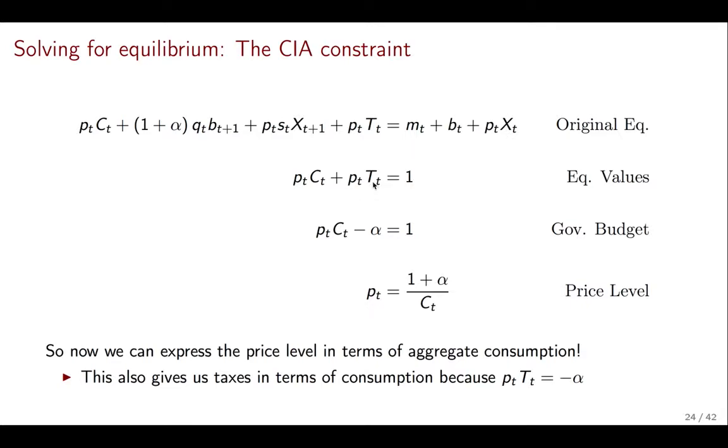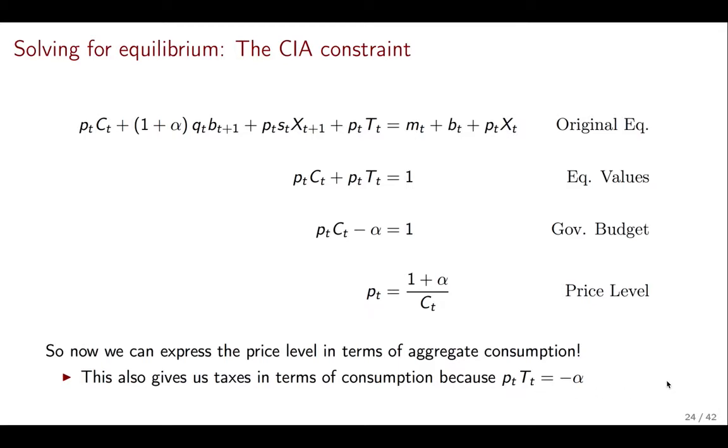We know that this value of taxes or transfers is minus alpha from the government budget. And so this equation is going to give us a nice expression for how this real price, PT, depends on total consumption. It also tells us what's going to happen to transfers, to these real taxes, because once we know PT, we also know TT.